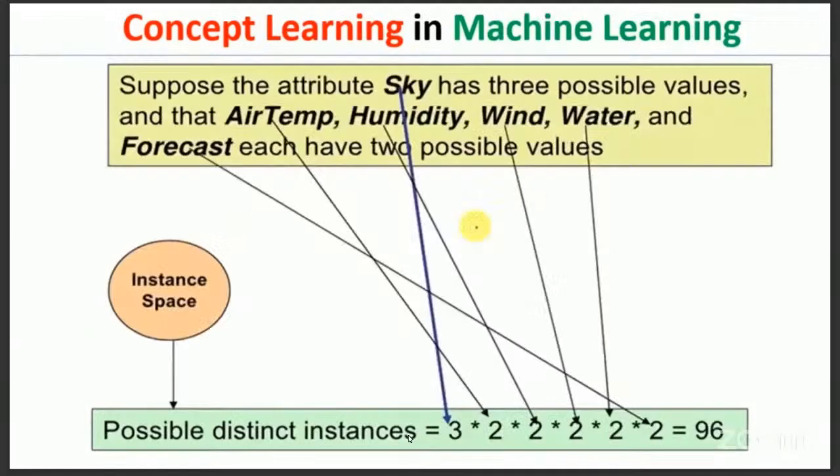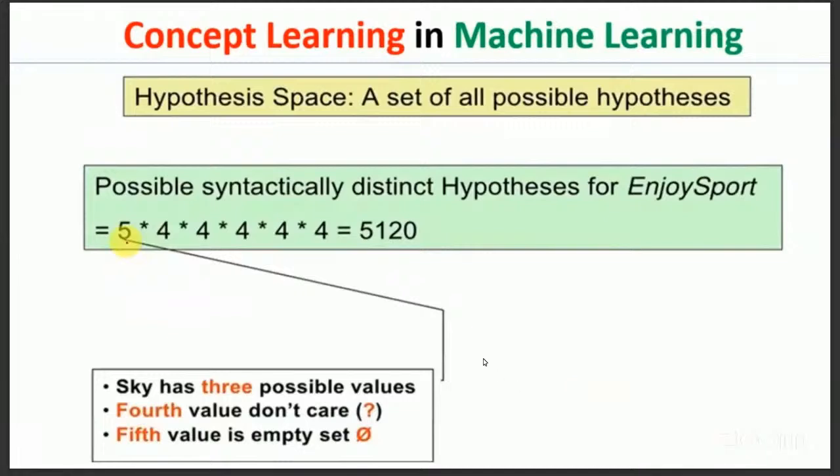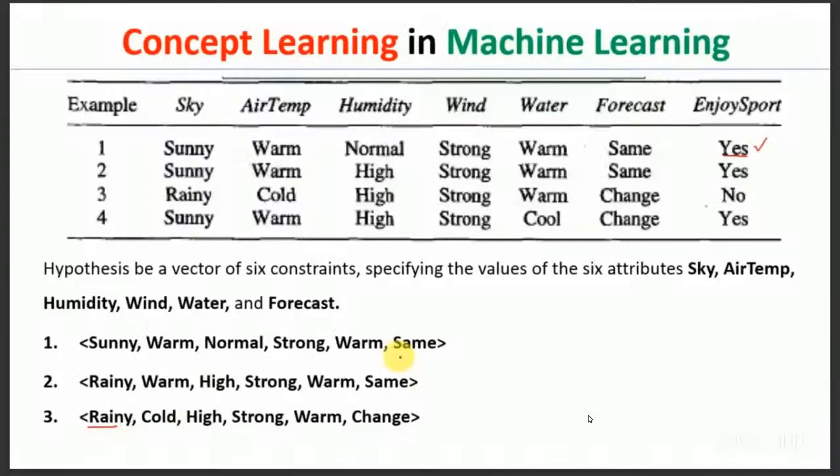When you add question mark and null to each existing one, it becomes 4 into 4 into 4 into 4 into 4 into 4, and the total is 5120 possible options you are going to generate, out of which to provide a solution is a difficult task. Now what we do is we have an approach we take.